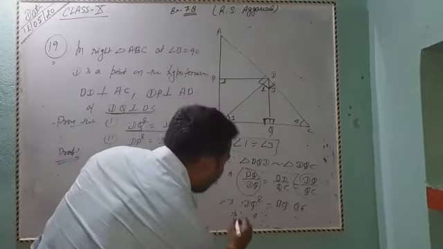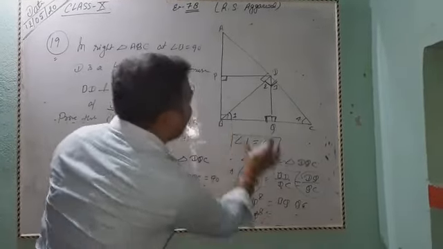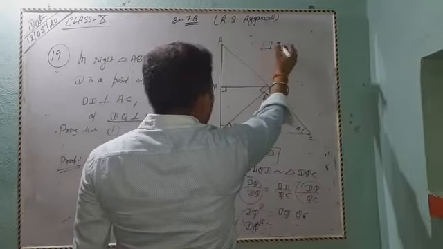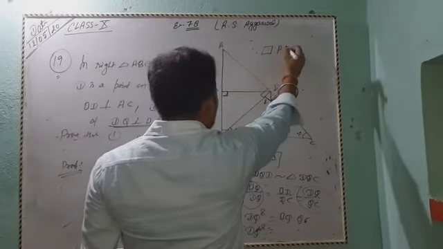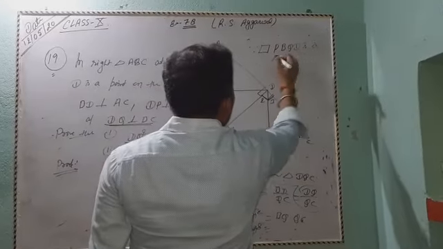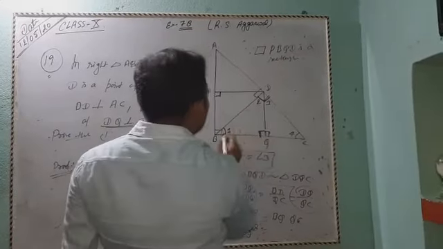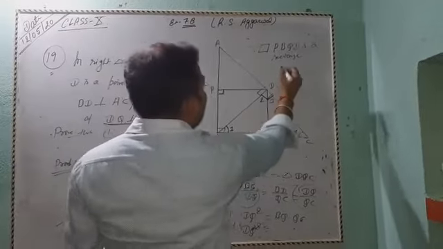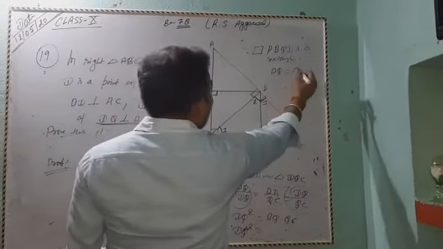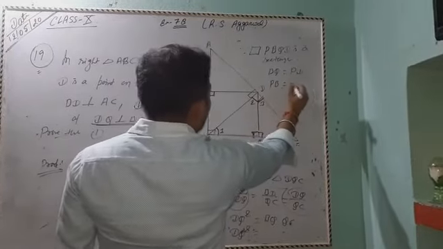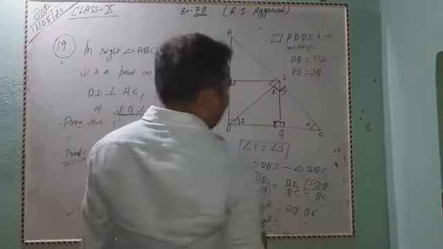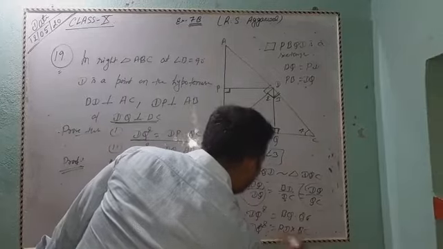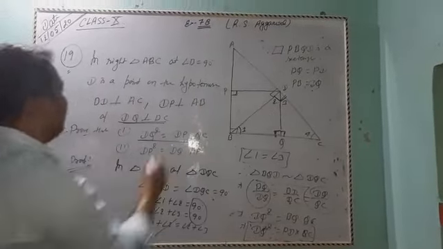So DQ square equal to PD into QC. So first is clear.